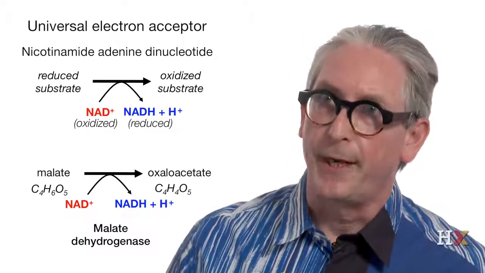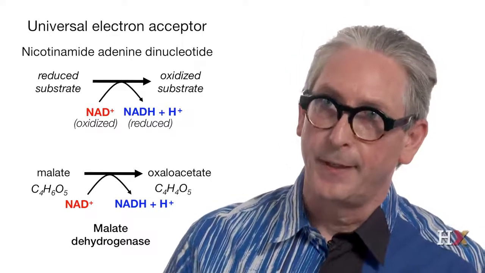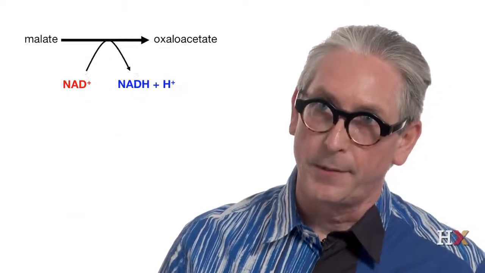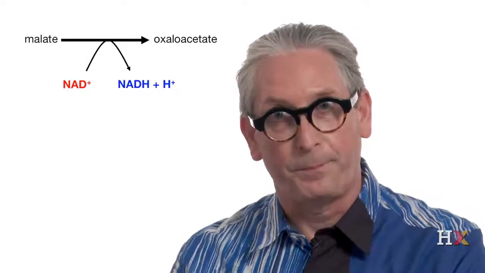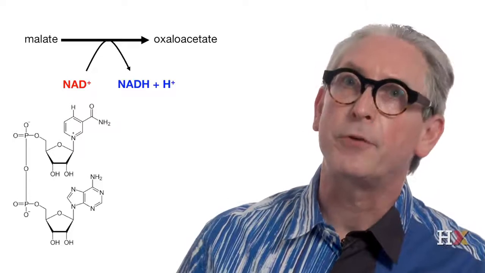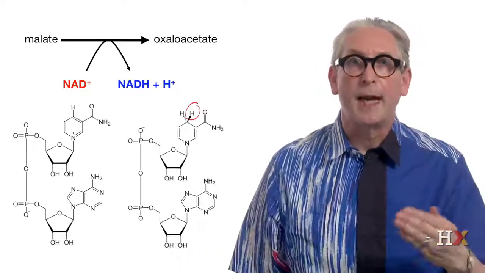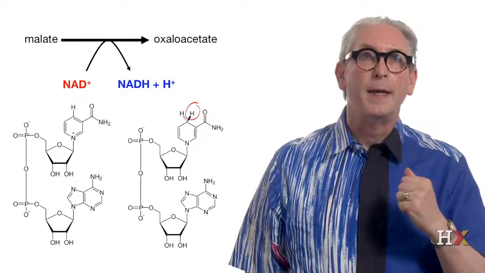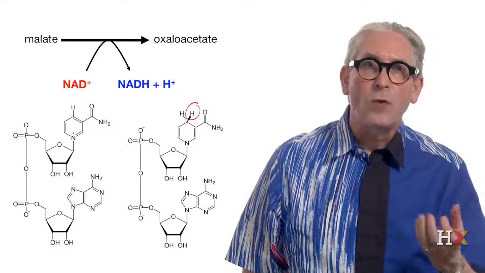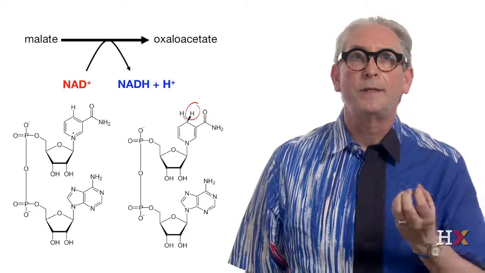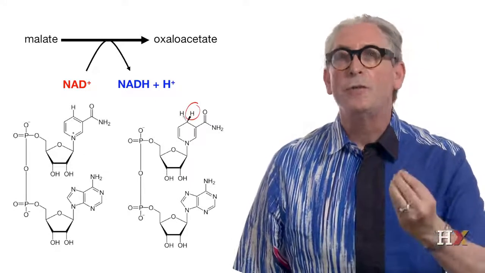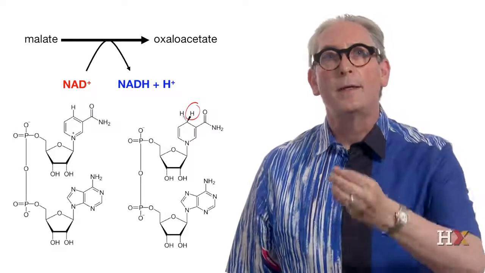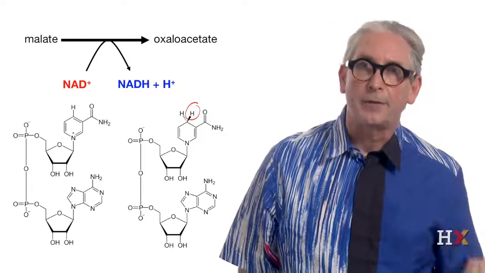One of these hydrogens and the 2 electrons will be transferred to NAD+ to form NADH. The other hydrogen is released as a proton. NADH can now carry these 2 electrons to one of the components of the electron transport chain.